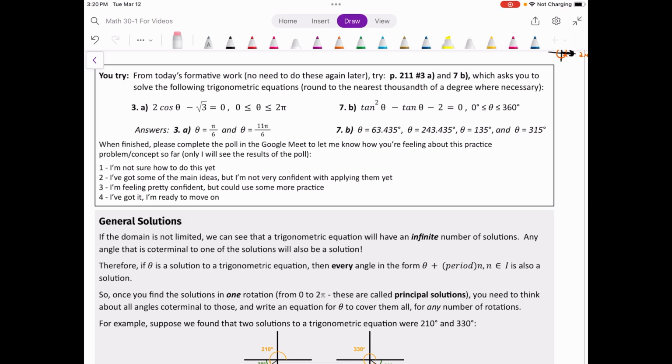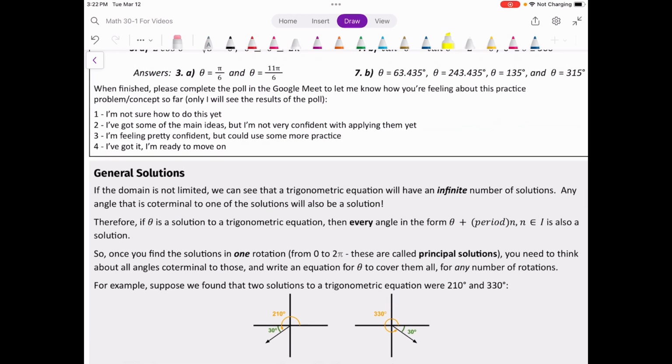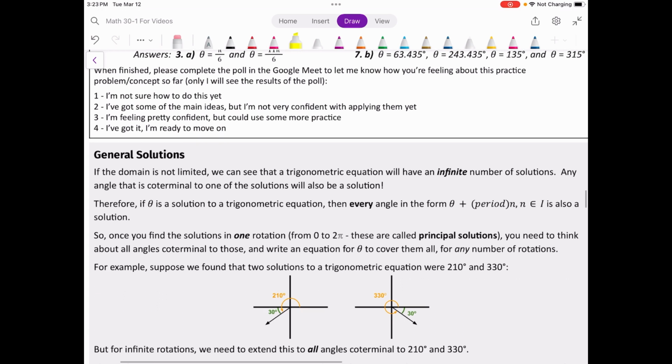So right around this time, students often say to me, but wait, doesn't that mean that a trig equation could have like infinitely many solutions? Because we could just keep rotating around and finding more and more angles that have the same ratios and therefore make the equation true? And you're right. That is correct.